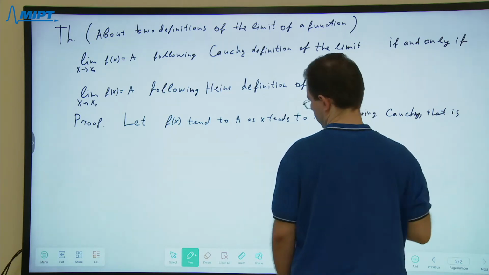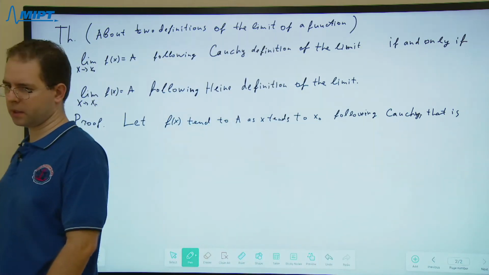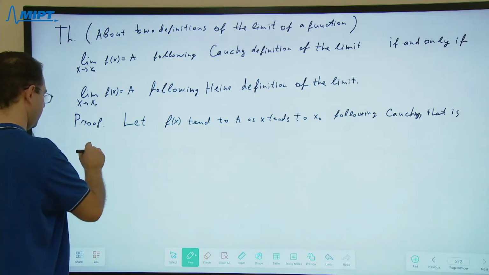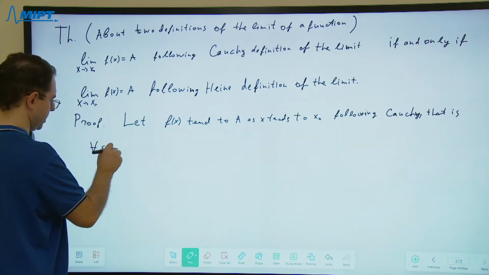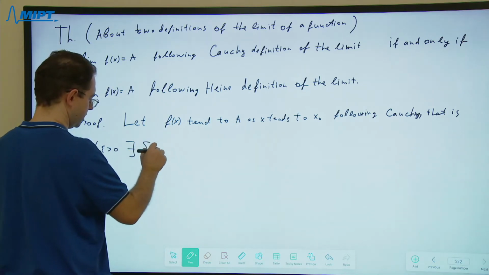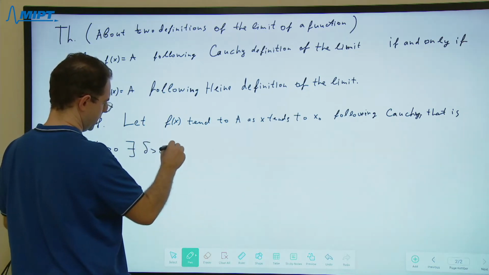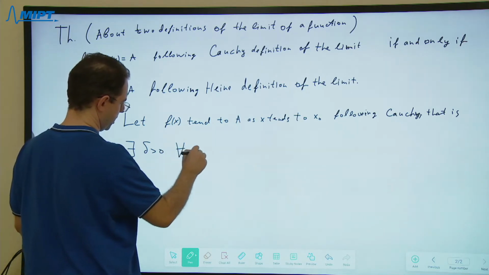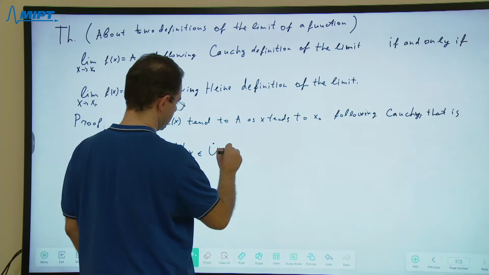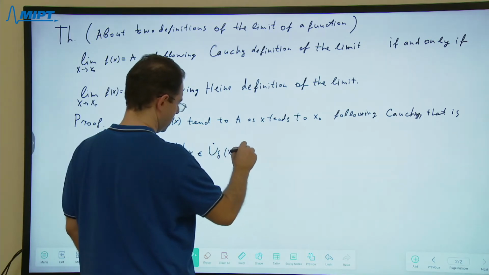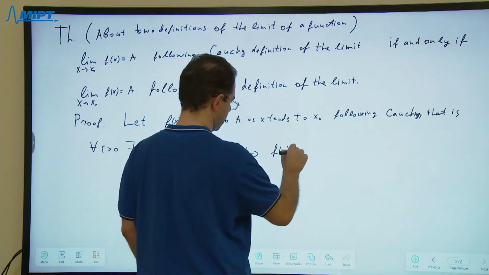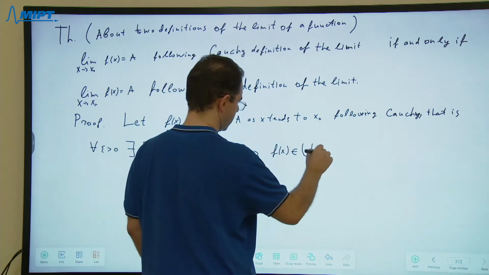That is, I'm repeating the definition following Cauchy. For any epsilon greater than 0, there exists delta greater than 0, such that for any x from the deleted delta neighborhood of x0, it follows that f of x is from the epsilon neighborhood of a.